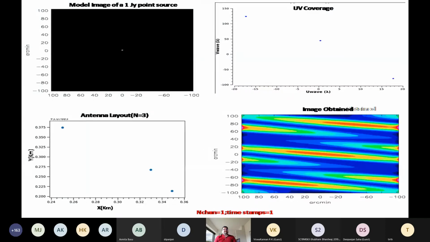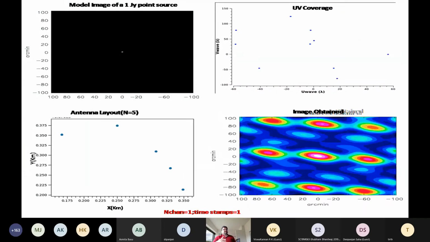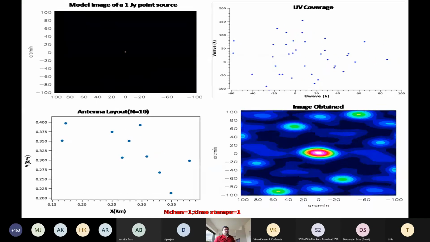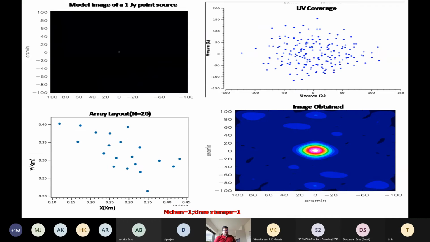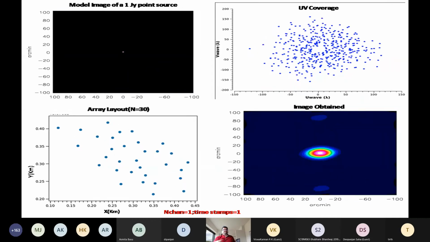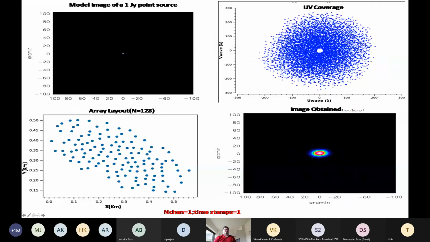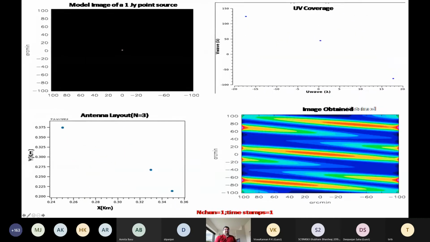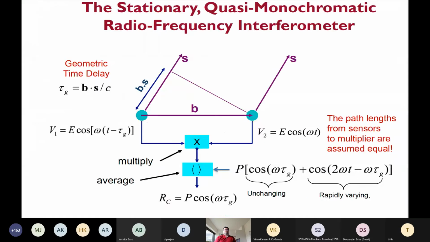So same thing is clear as the number of elements goes from 2 to 512, you will see that you are able to reconstruct the image, the model source, completely.